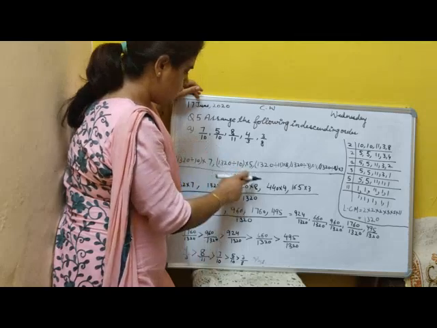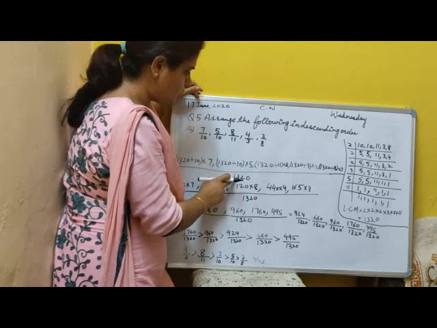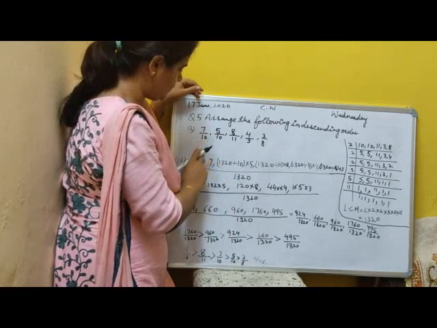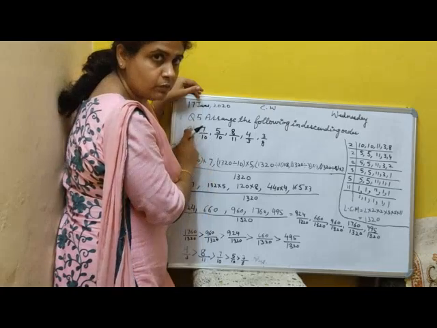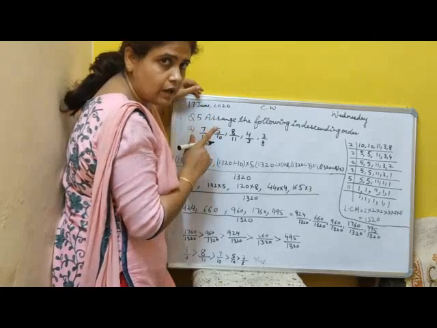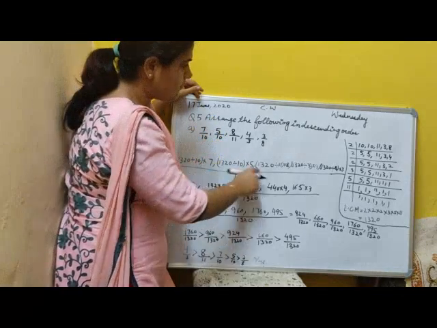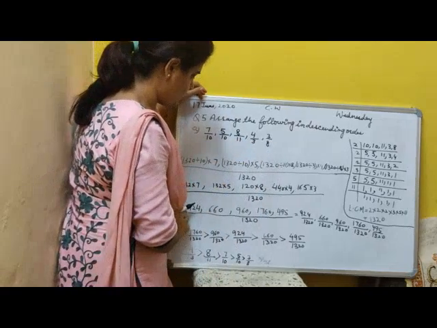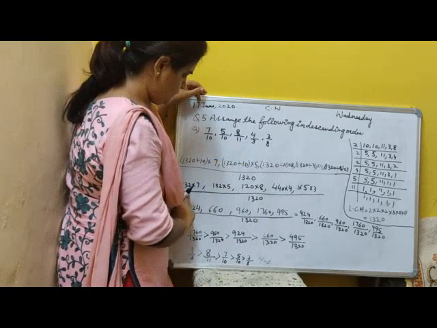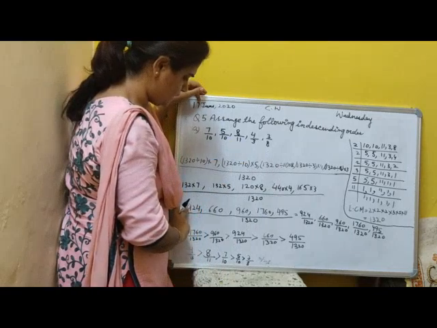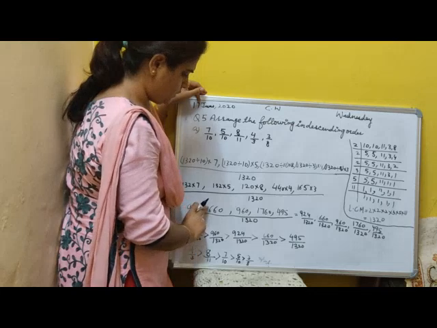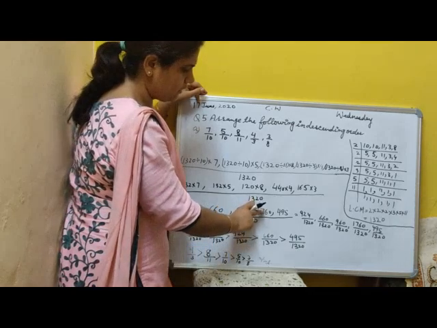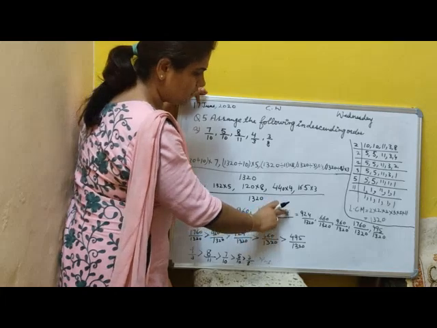Now you will make the common denominator 1320. You will divide 1320 by 10, and you will multiply by 7 the numerator. Denominator divide, and you will multiply the numerator. In the same way I have done in each fraction, and after multiplying I get the answer as 924, 660, then 960, then 1760, then 495.